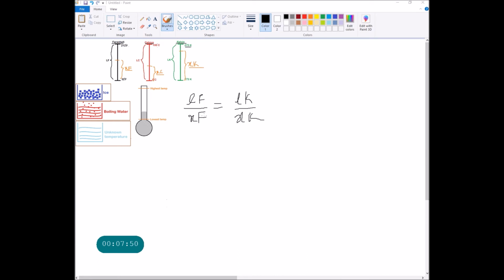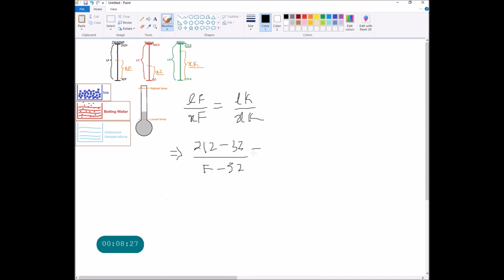So now, to derive the relation between Fahrenheit and the Kelvin scale, we must use the same process, that is L of F divided by X of F is equal to L of K divided by X of K. Now the same process begins: L of F is 212 minus 32 divided by F minus 32.